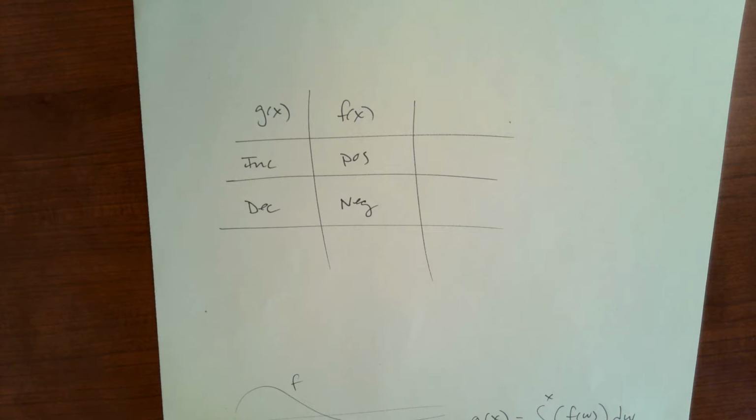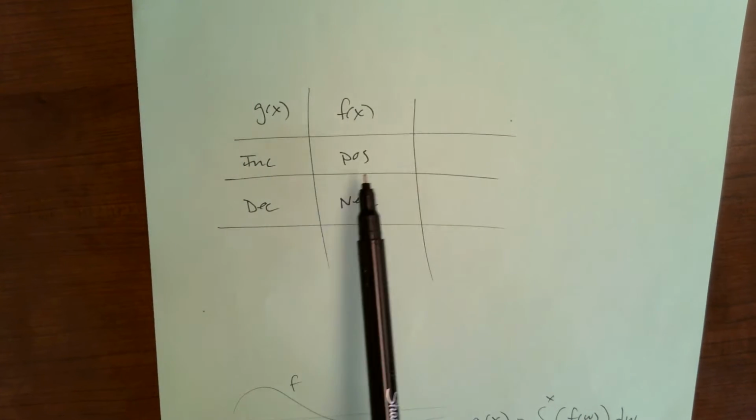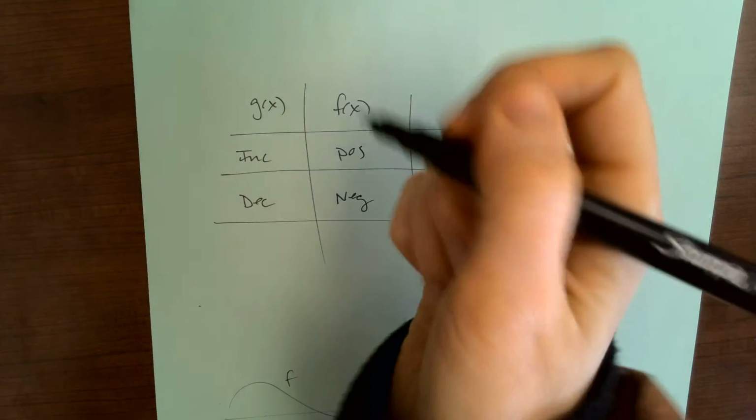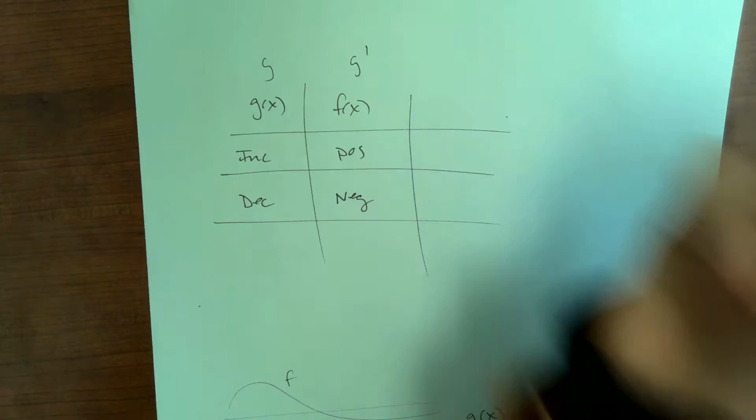We saw this relationship: when g was increasing, f was positive. When g was decreasing, f was negative. And we've seen another situation like this, and that's in Susan's table. If this was g, this would be g prime.